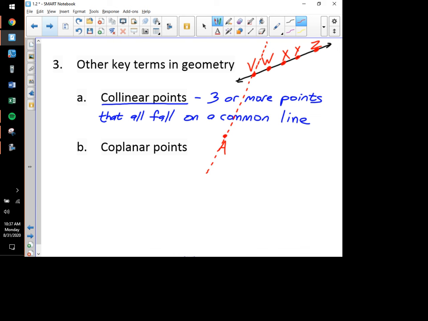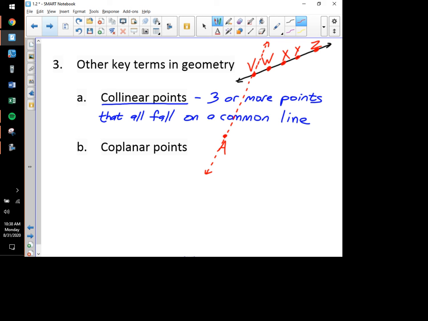That's one of the basic ideas of geometry that we'll talk about a little bit later on. So you can always draw a line through 2 points, so therefore that distinction is kind of meaningless. You can draw a line between A and W, A and X, A and Y, A and Z, but collinearity doesn't become important until you get 3 points.